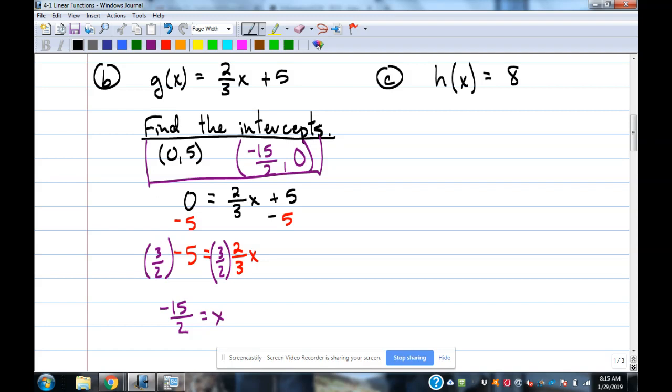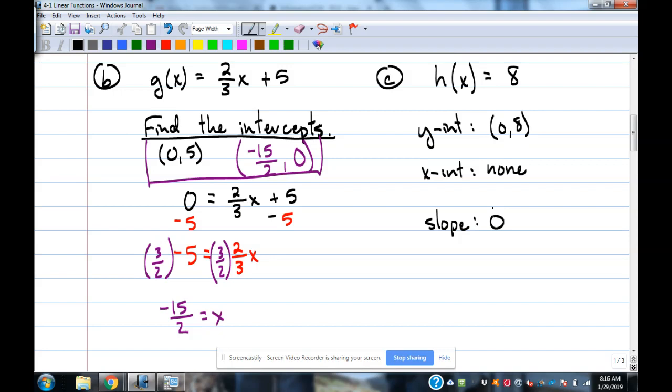Okay, good. Is there an x-intercept? No, there's not. Does this one have a slope? Slope is 0. So it does have a slope, it just happens to be 0.